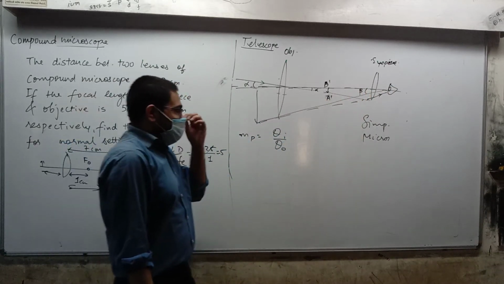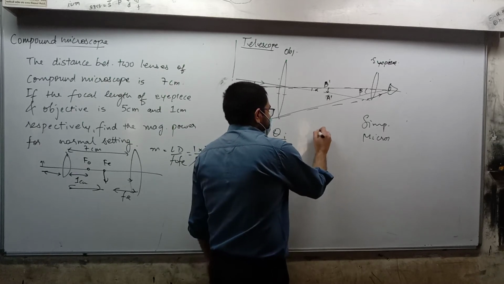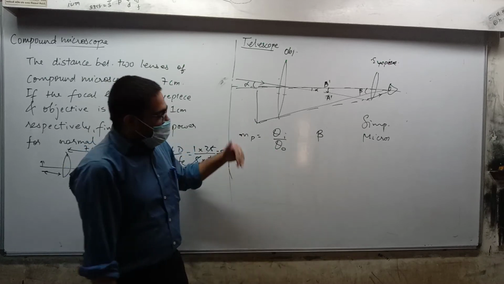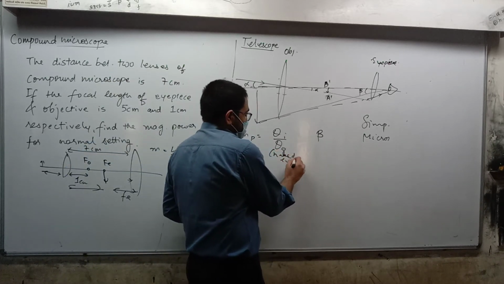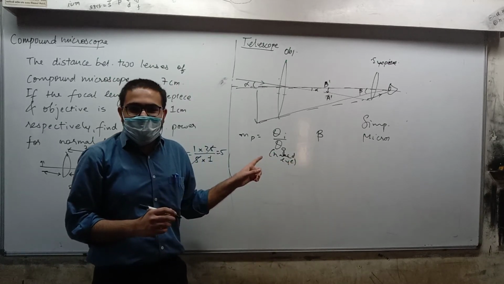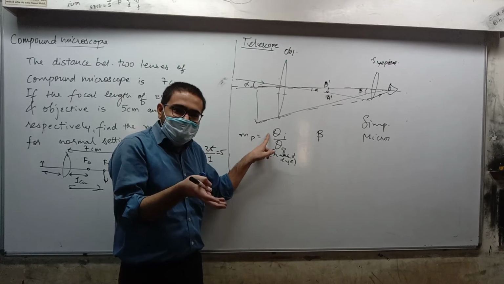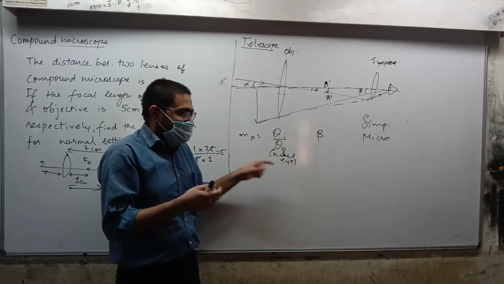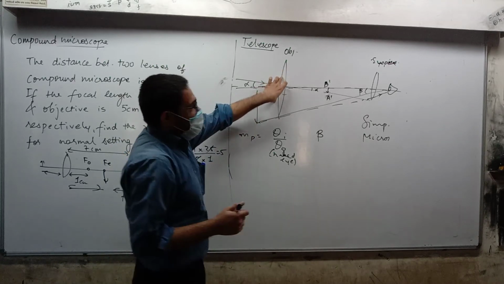Ultimately, if you use a microscope or a telescope, you are getting an angle beta. But if you see it with the naked eye, again, try to recall. This is to be measured with the naked eye, and this is with an instrument, whether microscope or telescope. So theta upon theta. If you see it with the naked eye, your eye takes the place of this lens.